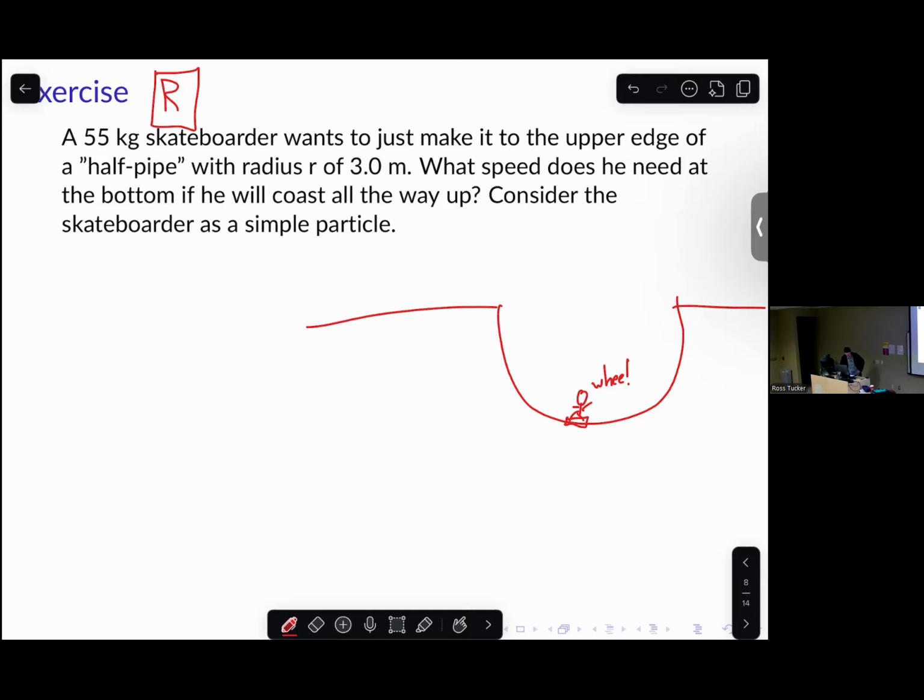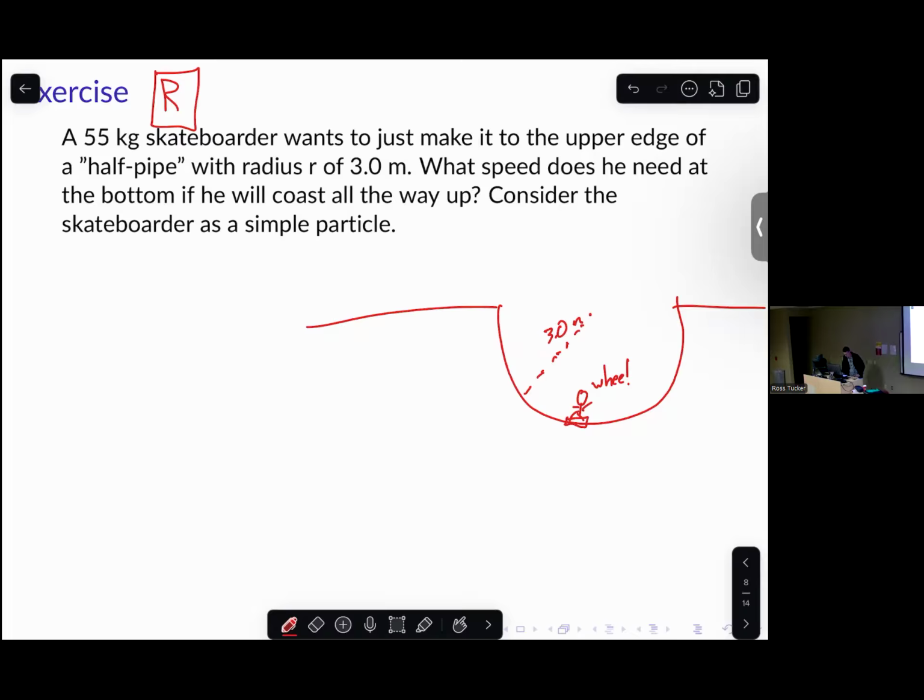Okay. The one and only mistake that is popular here is not thinking carefully about what radius means. I claim that this is 3.0 meters. If that's 3.0 meters, do I go up by 6 meters?